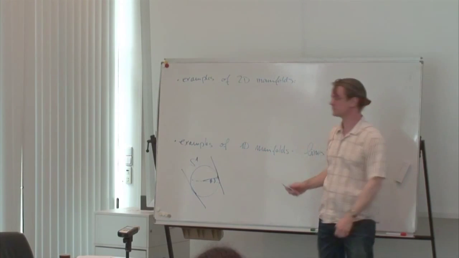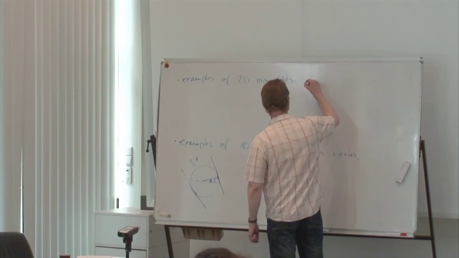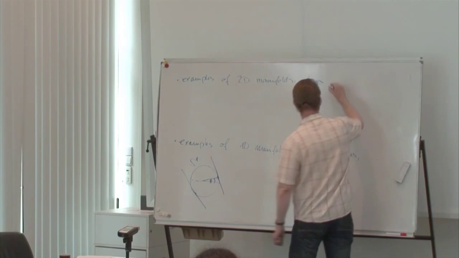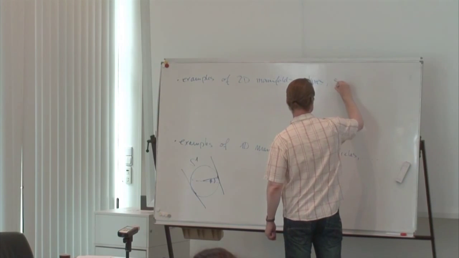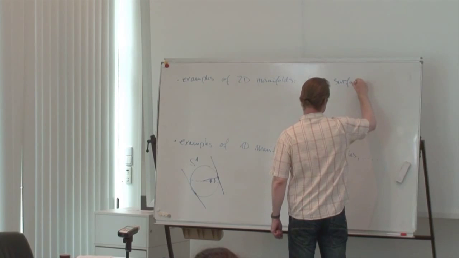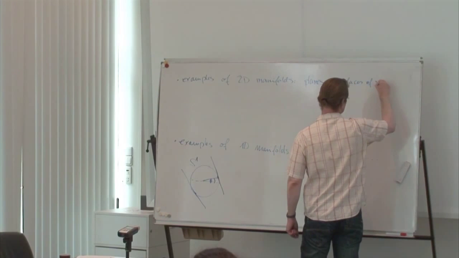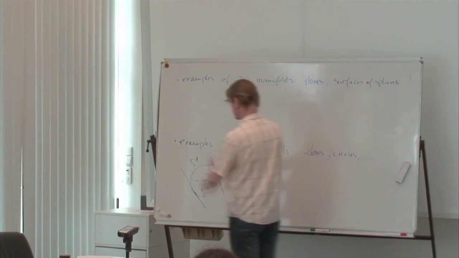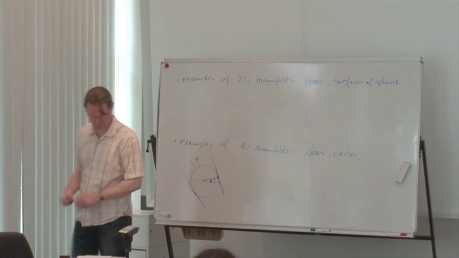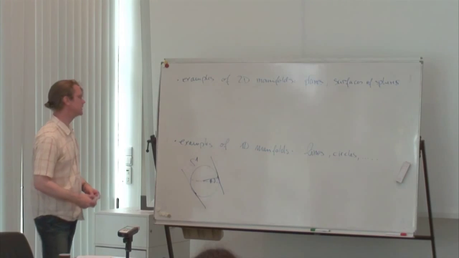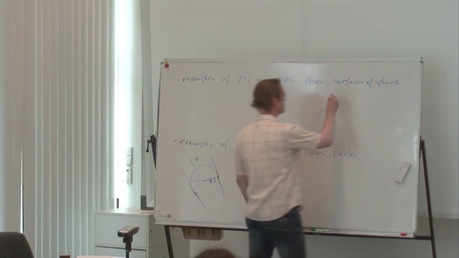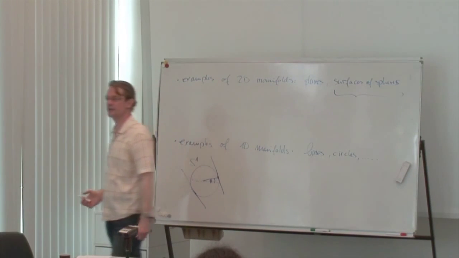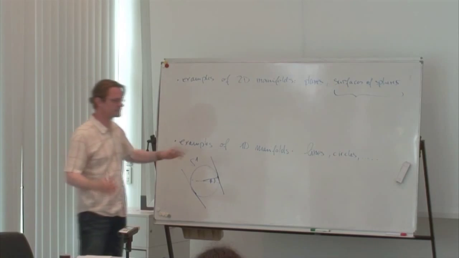Flat planes are two-dimensional manifolds. Planes or surfaces of spheres. In that sense, this circle is the surface of the one sphere. And now we see that we actually have to deal with manifolds in our everyday life.